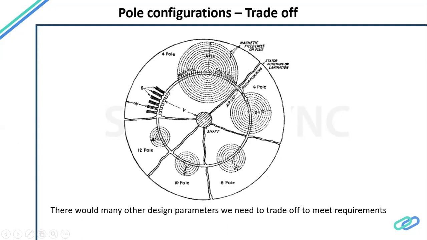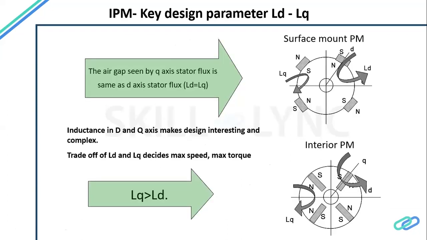The size of the machine, or the OD of the machine, shrinks as I increase the poles. This is a flux return path where you don't need so much steel on the outer, because the conduction is only in a smaller portion of it. So these are all the trade-offs, the design choices, that we have to ultimately make.